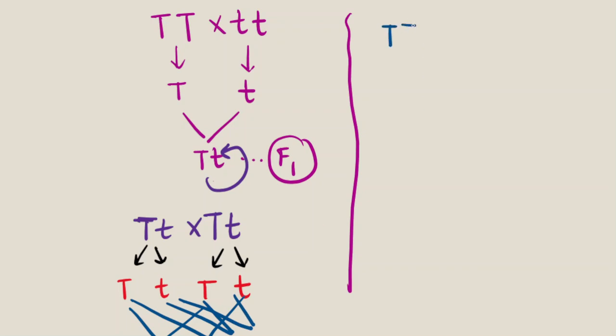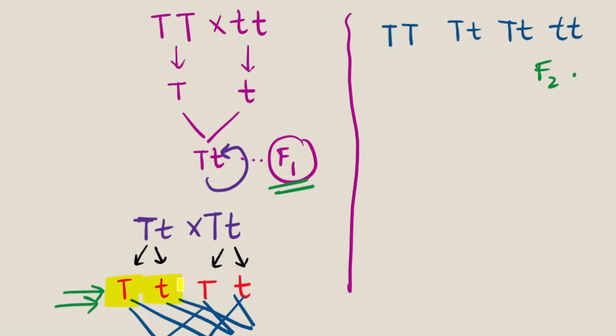So you got capital T capital T, capital T small t, capital T small t, small t small t. This was F1, and this is your F2 generation. So can you see which gametes we have taken? We have considered gametes as capital T, small t, capital T, small t.